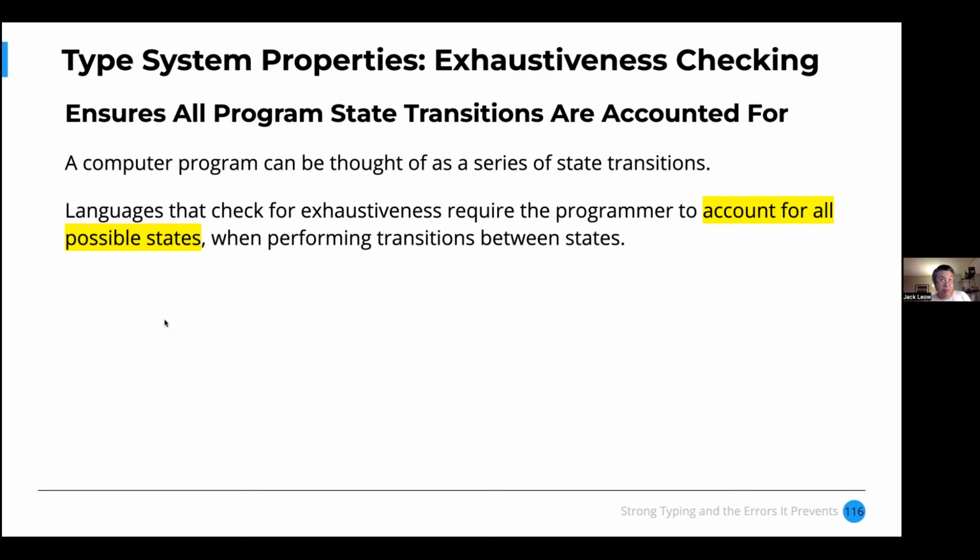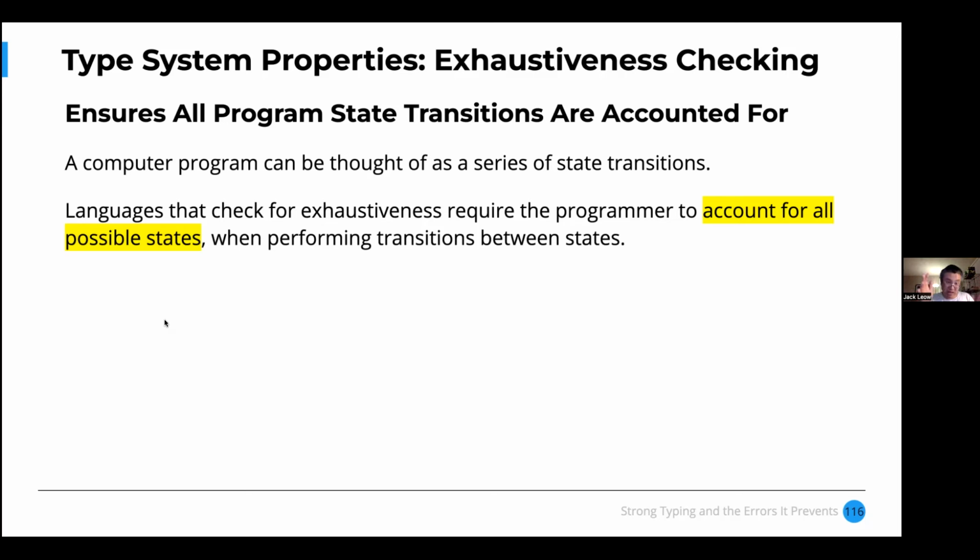Or it could also be, again in Kotlin, a sealed interface, right? You can declare a sealed interface and you declare a fixed number of concrete implementations of it, and you know that the value is going to be one of those types. So exhaustiveness checking takes union types, and it further basically forces you, if you've got a variable of one of those types, to account for all the possible cases.